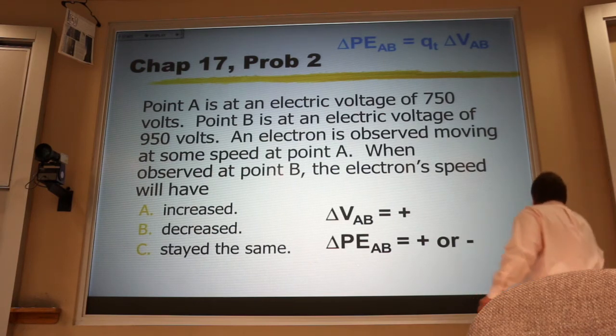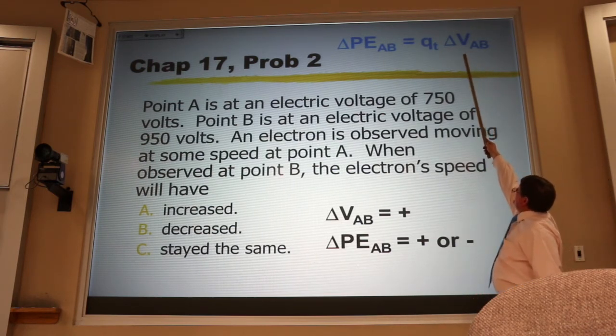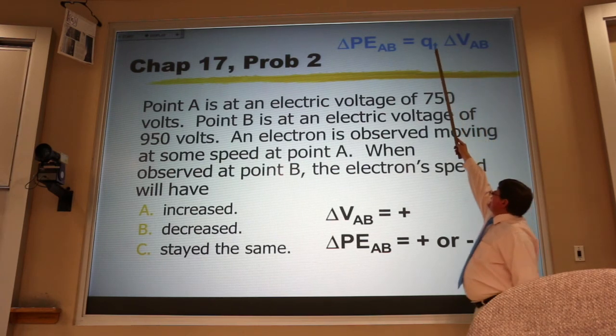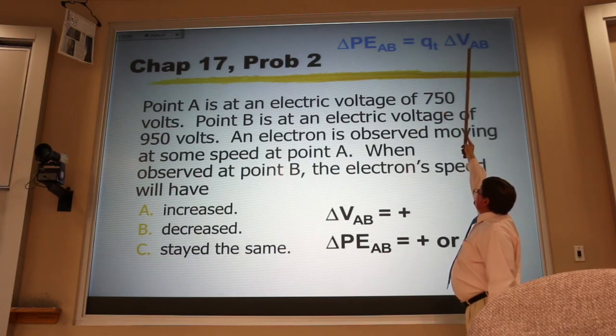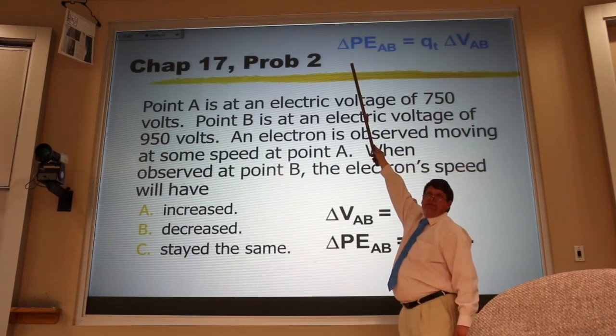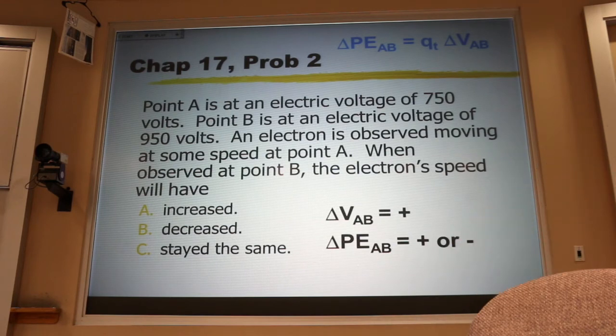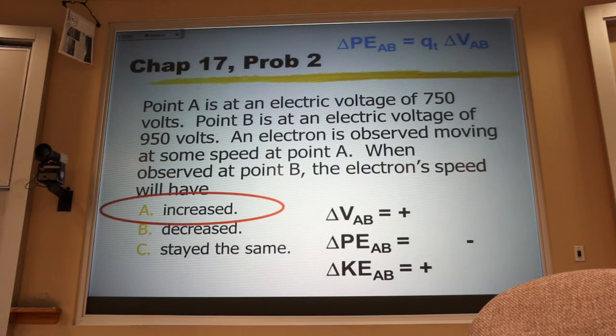Well, if this is plus 200 volts, and this is negative 1.6 times 10 to the minus 19 coulombs, well, a positive times a negative gives me a negative. That means the electric potential energy bucket, the one I really care about, is decreasing, emptying. It's a zero-sum game. When one bucket empties, the other one fills. And if you're increasing your kinetic energy, you're speeding up. Okay? You're going faster. Does that make sense?